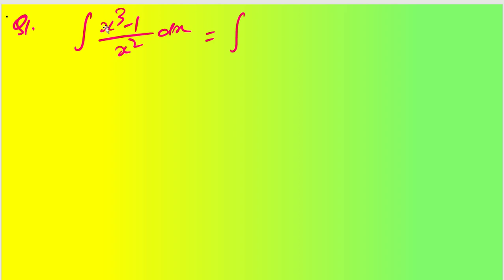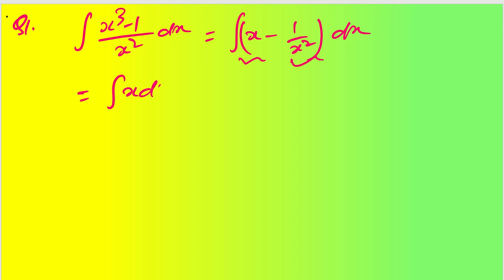So x cube by x square will become x minus 1 by x square dx. Since there are two functions, these two functions can be separated out, so that I can write it down as integration x dx minus integration x square, 1 by x square can be written as x to the power minus 2 dx.